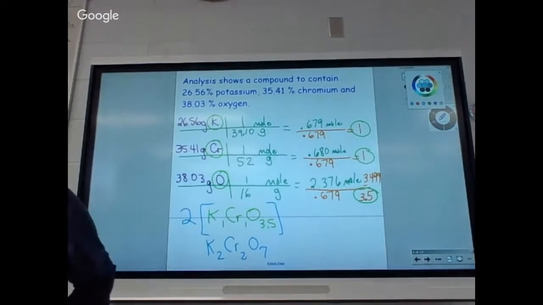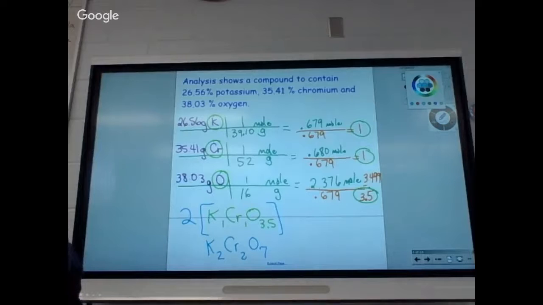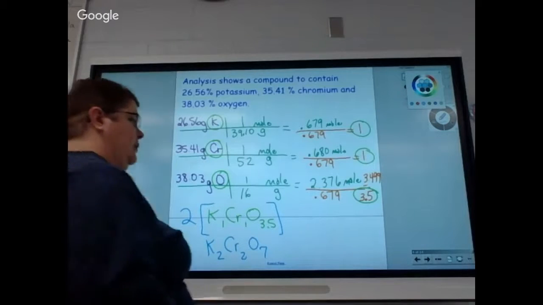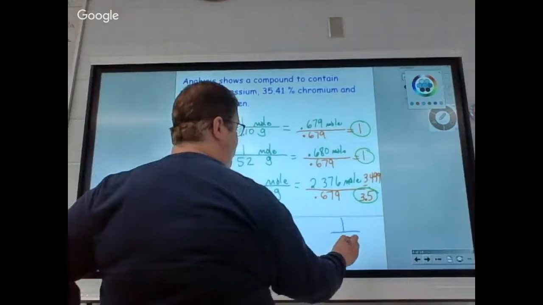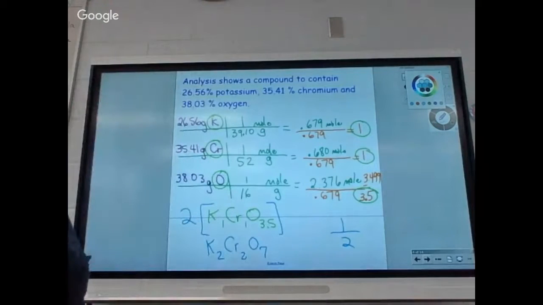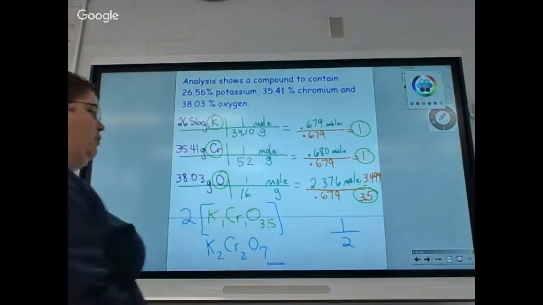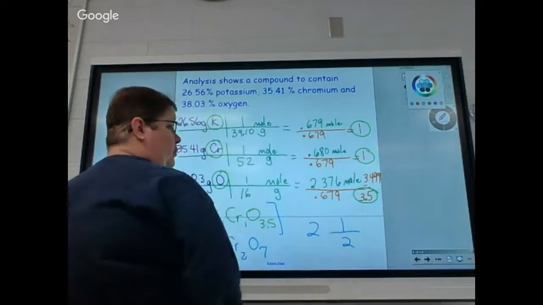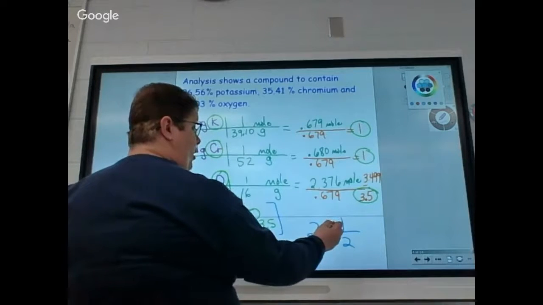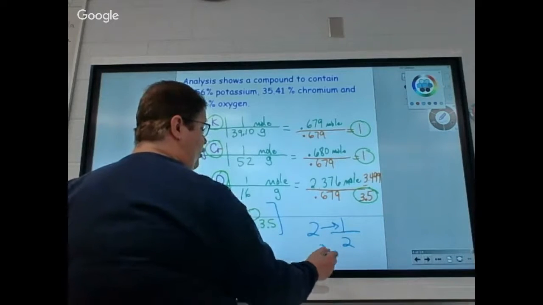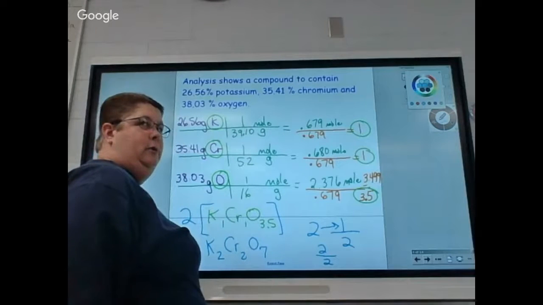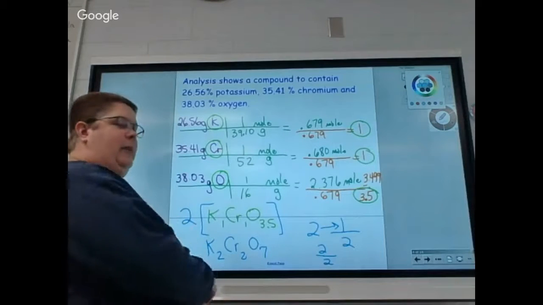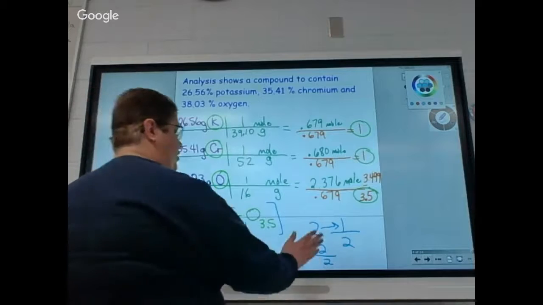The 2 is distributed through the formula. Anytime you have a half, a half is written as 1 over 2, correct? 2 is in the denominator. So if you multiply by 2, 2 gets multiplied by 1, so you end up with 2 over 2. And what does 2 over 2 become? 1. That's why you multiply by the inverse or multiply by 2.